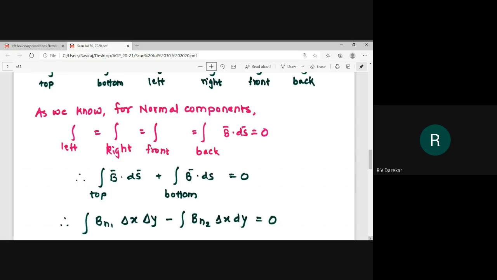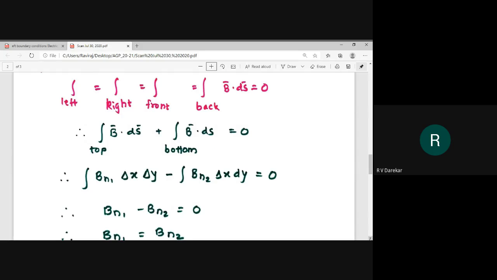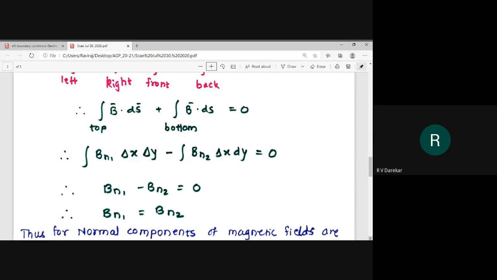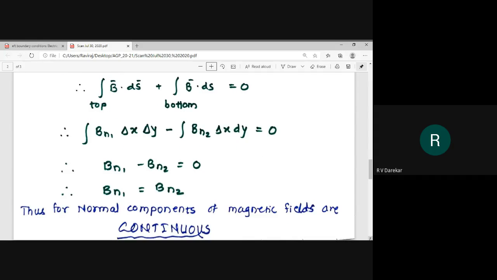Solving these integrals, we can write Bn1 minus Bn2 equal to 0, which means Bn1 is equivalent to Bn2. That is, if the normal components of the magnetic fields are considered, they are continuous, which was not the case for the electric field.